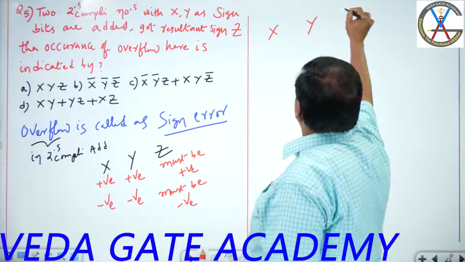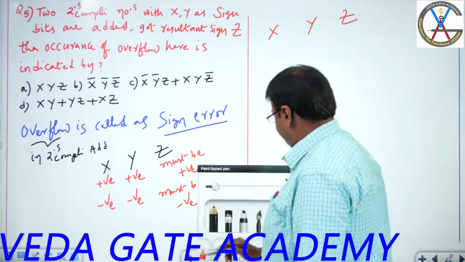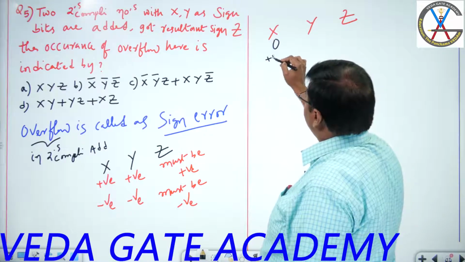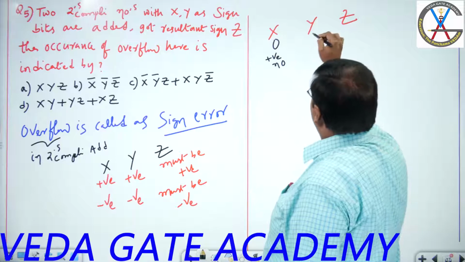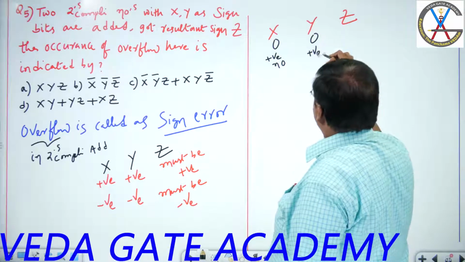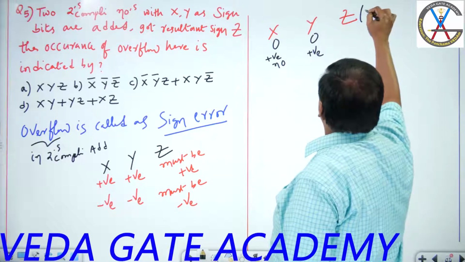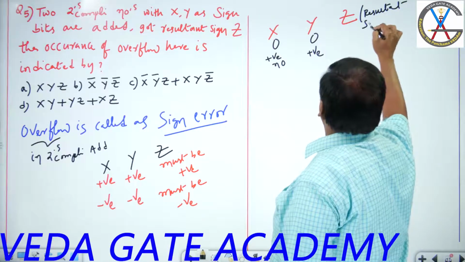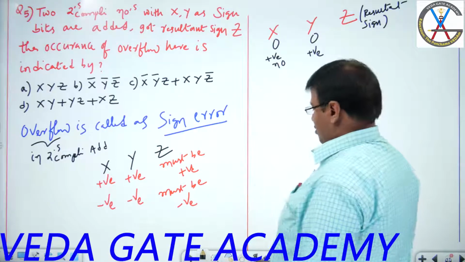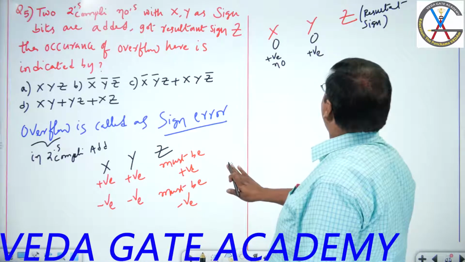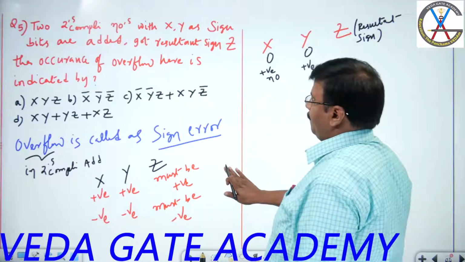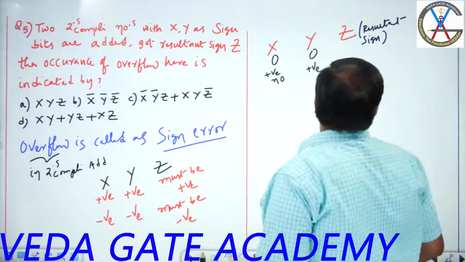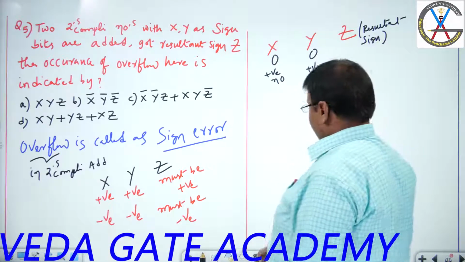X, y, z. So x is 0, that means positive number. Y is also 0, that means positive number. Z is the resultant sign, and it must be 0, as I told you already.